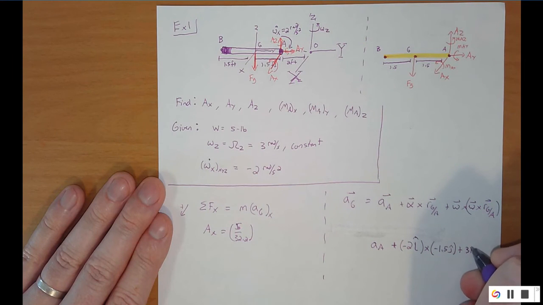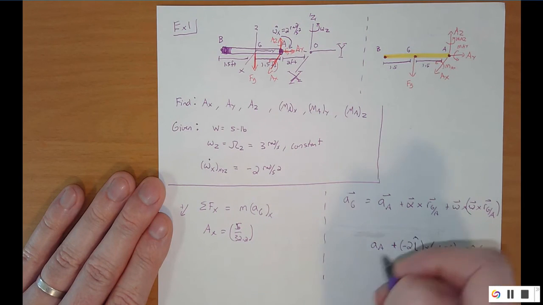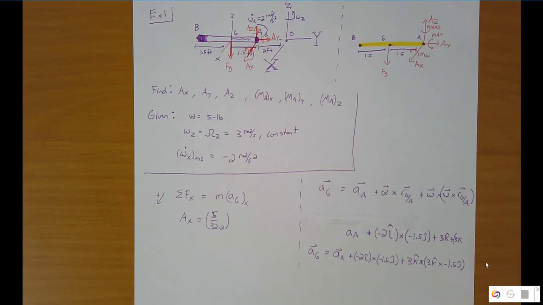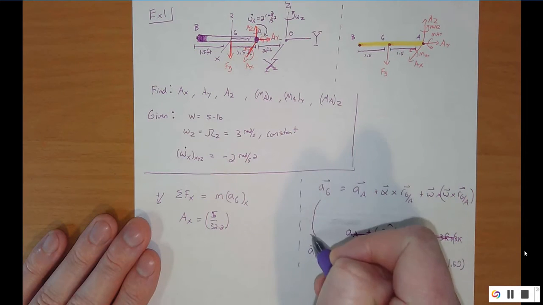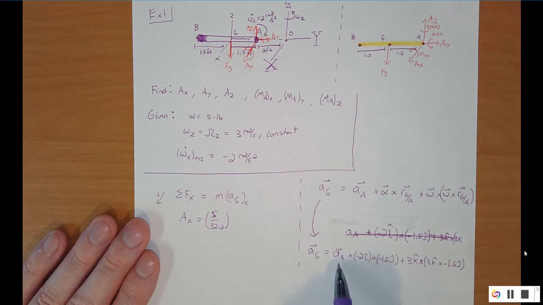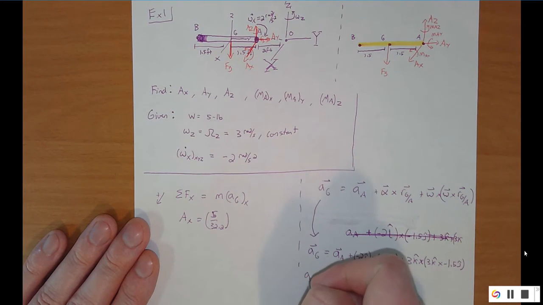So we get 3k hat cross 3k hat. Sorry, this is all getting really squished. Let me just rewrite this. All right, there we go. We still have to find acceleration at A, but I have my terms here. I'll go ahead and clean that up, and then we'll go find acceleration at A.